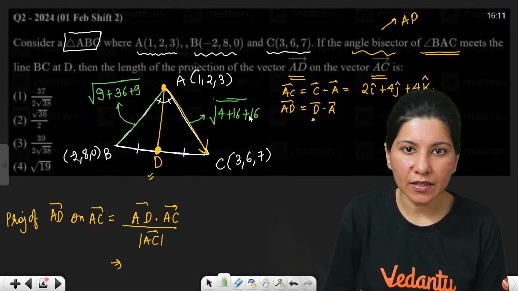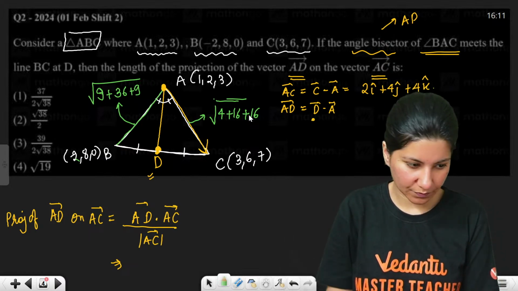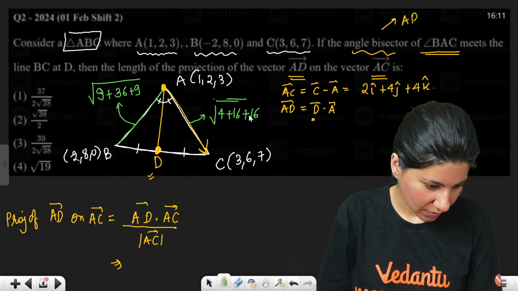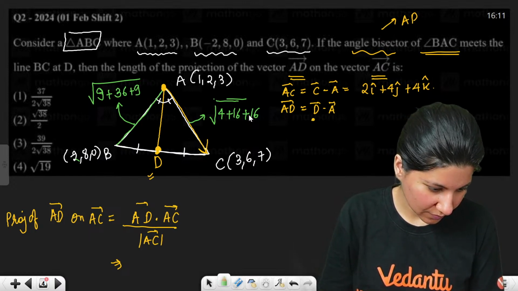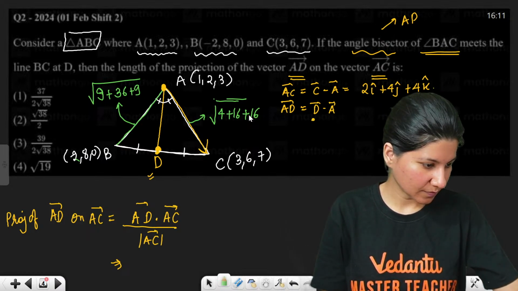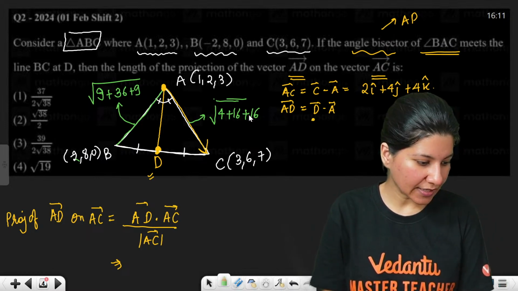A, B and A, C. So AB we are getting root 38 and AC is also root 38.